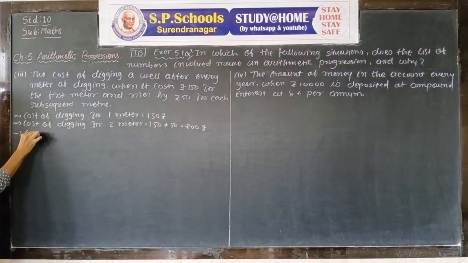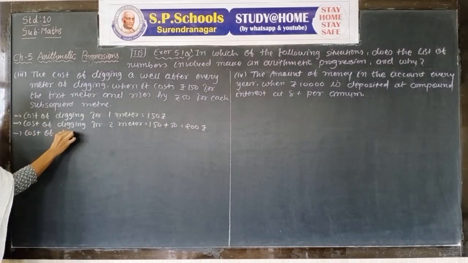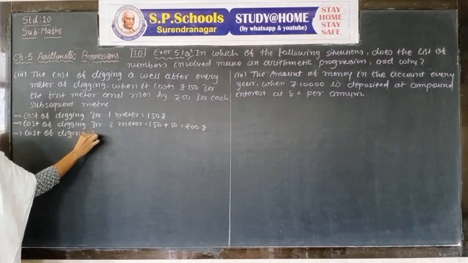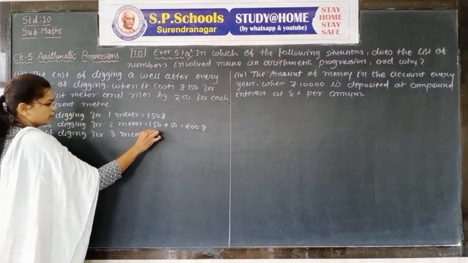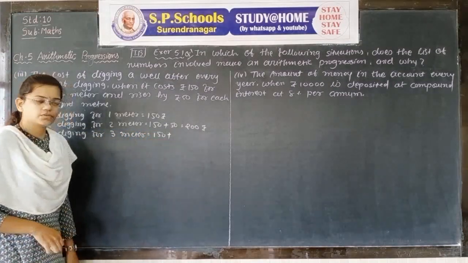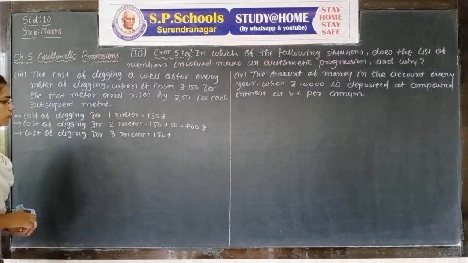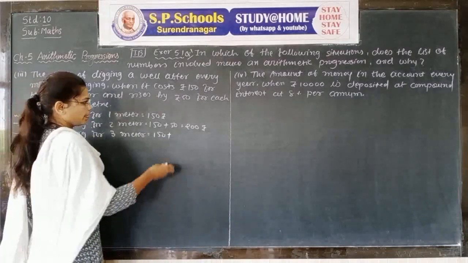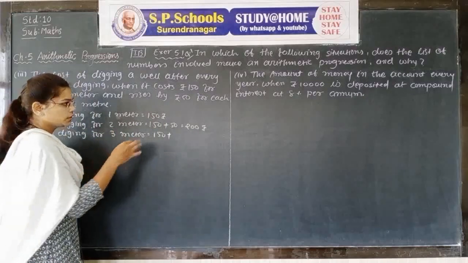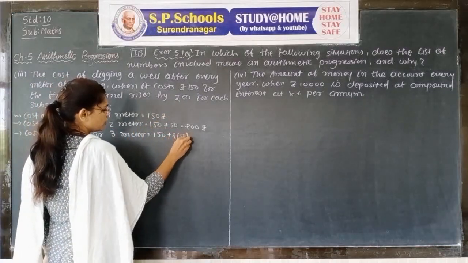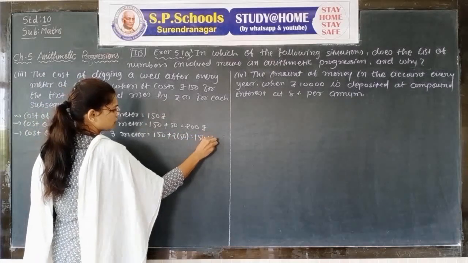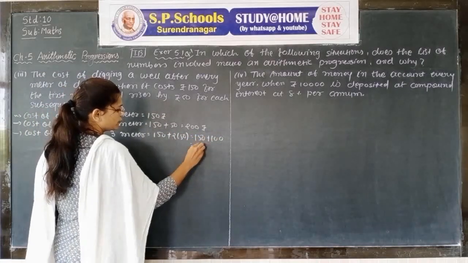Then the cost of digging for the first 3 meters is equal to, for 1 meter, fixed 150 rupees, and we have to add 2 meters at 50 rupees per meter. That is 150 plus 2 into 50, which is 150 plus 100, equal to 250 rupees.